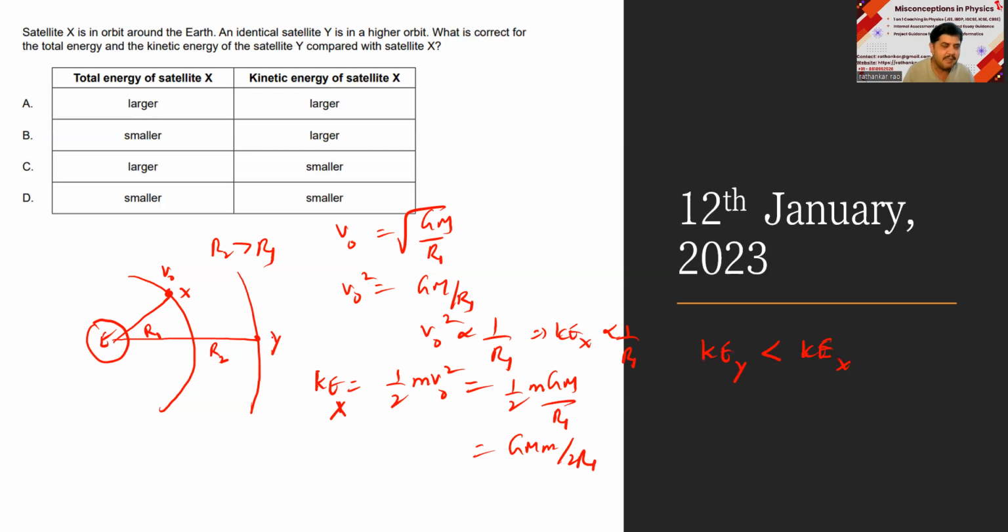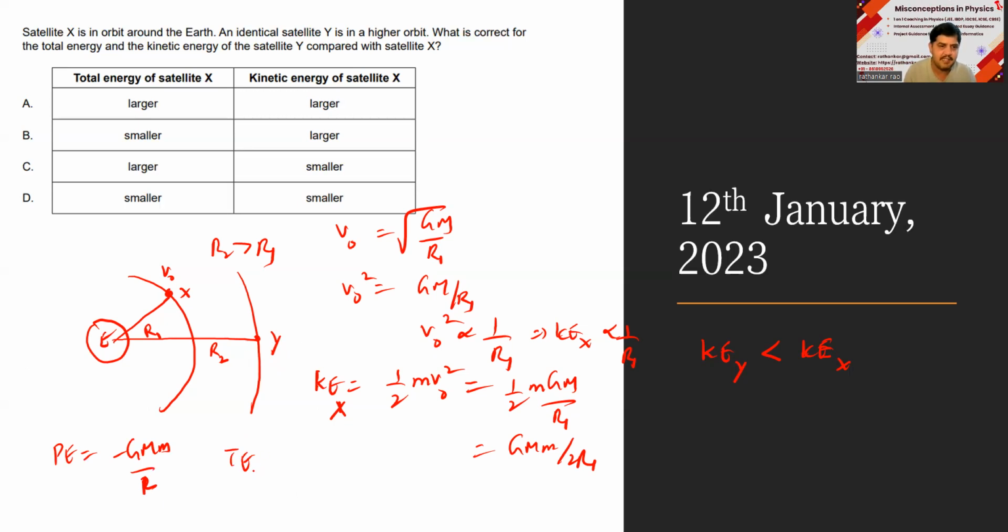Now, what will be the potential energy of this? Potential energy is given by minus GMm by R. So here also it is proportional to 1 by R, which means potential energy is also much lesser in magnitude. As a result of this, what can happen over here? See, here it is negative, right? So total energy will still be negative, but it is bound to the Earth.